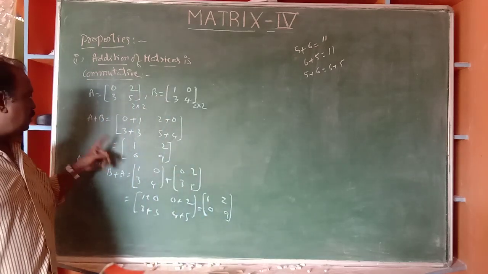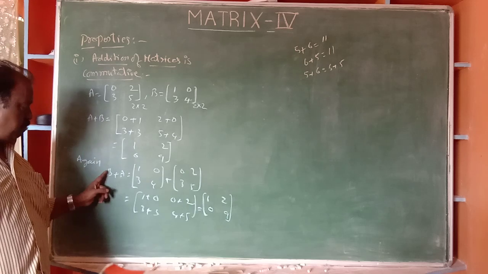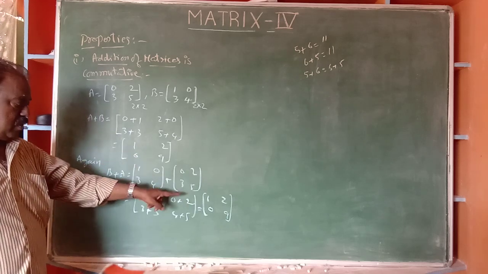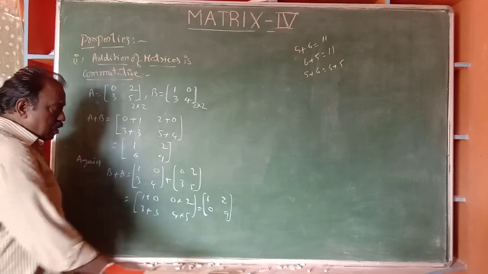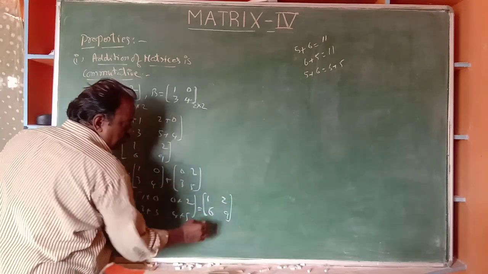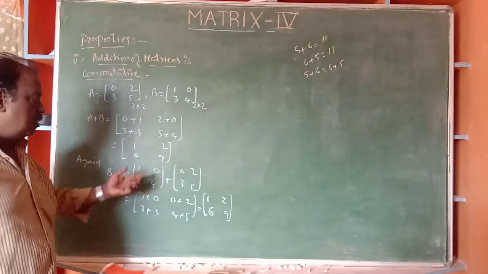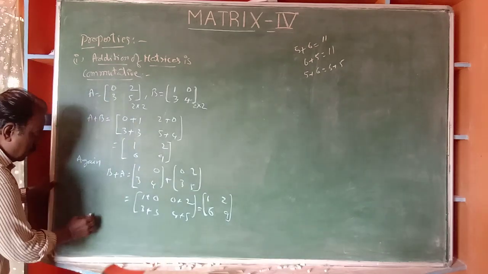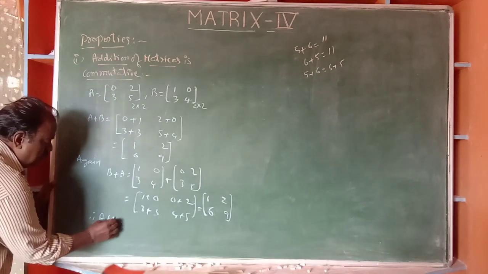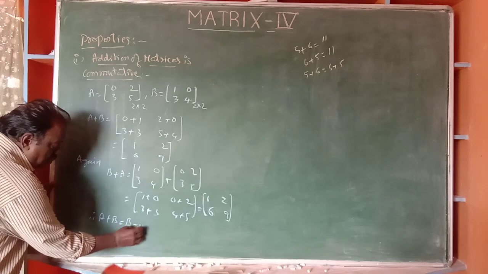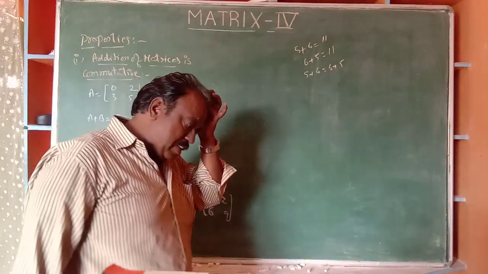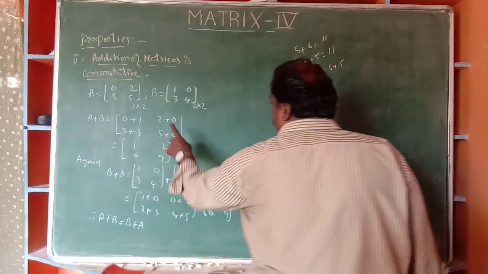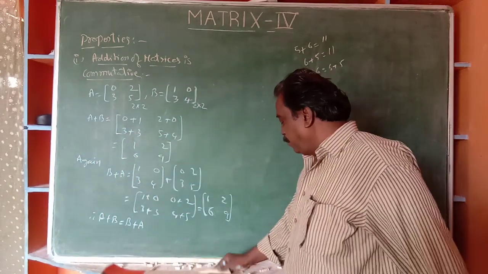The two cases A plus B and B plus A, both are the same: 1, 2, 6, 9. Same order. Therefore, we may say A plus B is equal to B plus A. For understanding, I did the numbers.